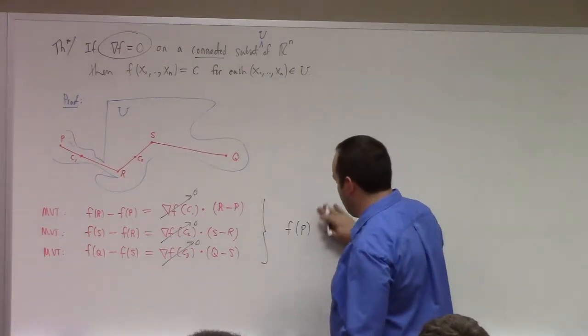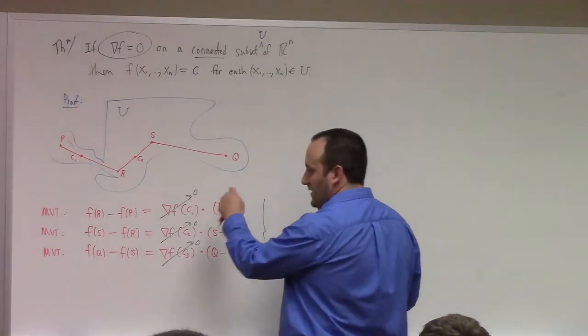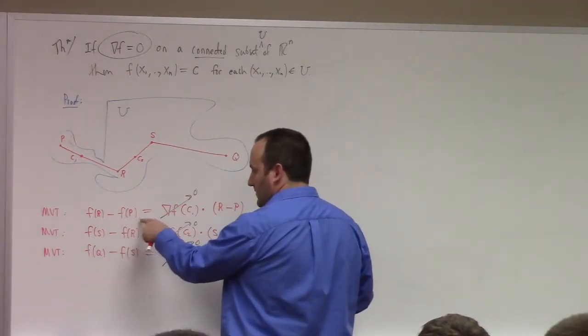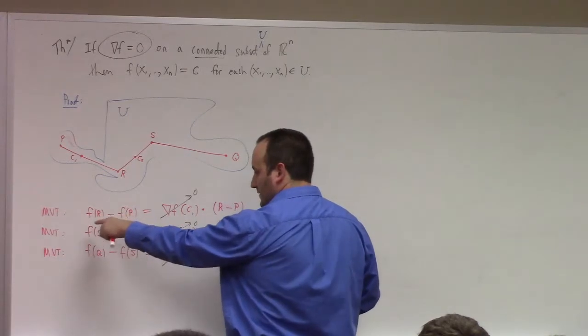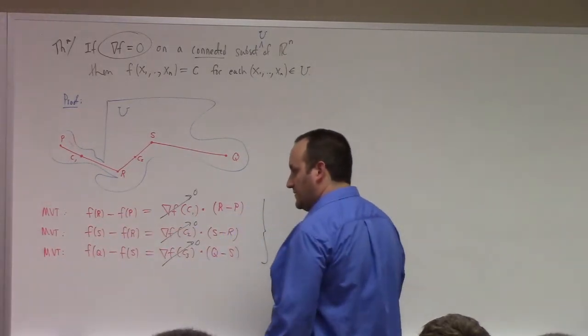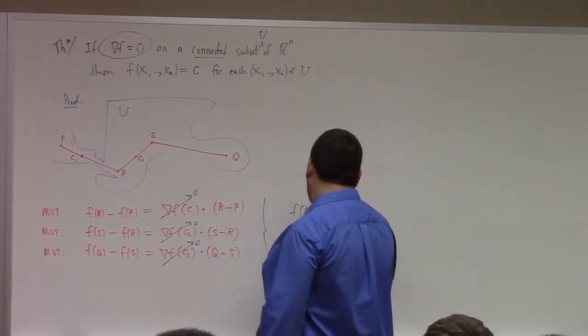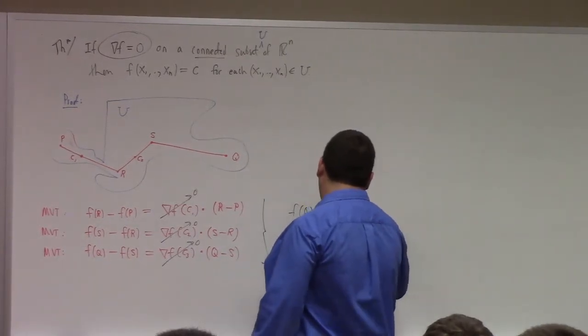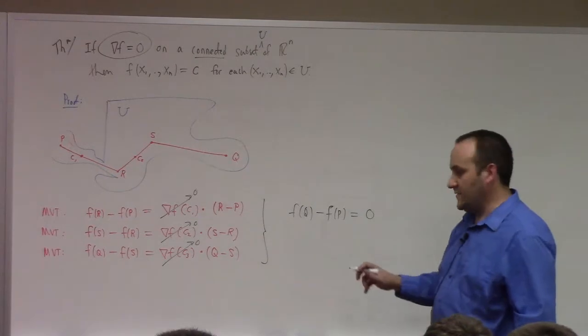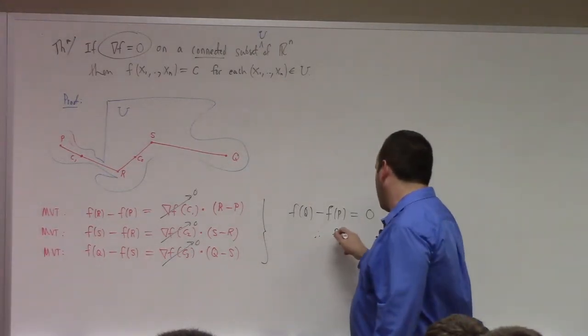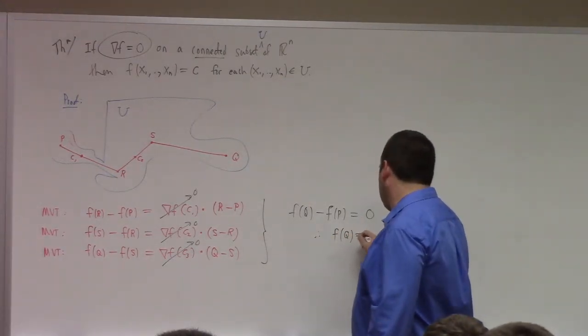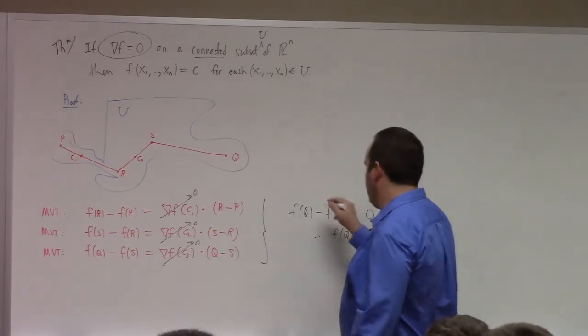See what happens? The R's cancel and the S's cancel, and what are you left with? f of Q minus f of P is equal to 0. Therefore, f of Q is equal to f of P.